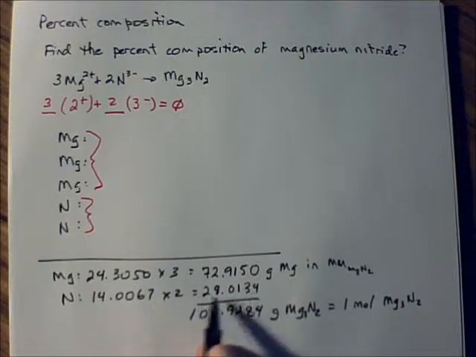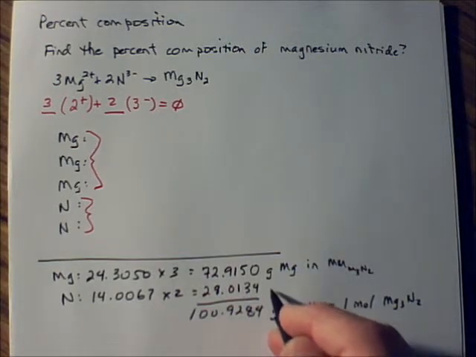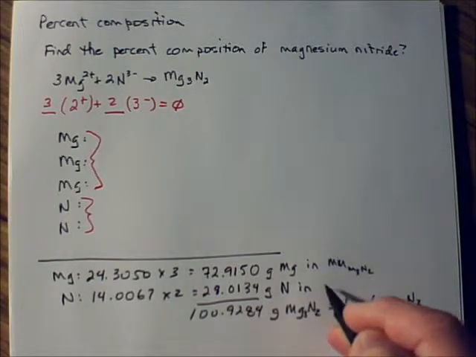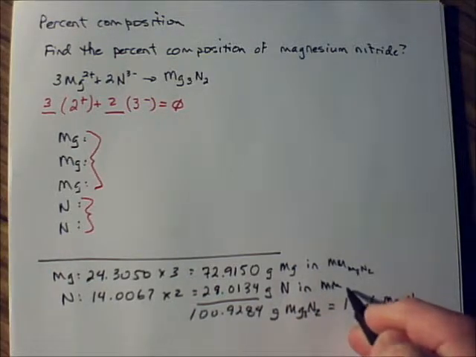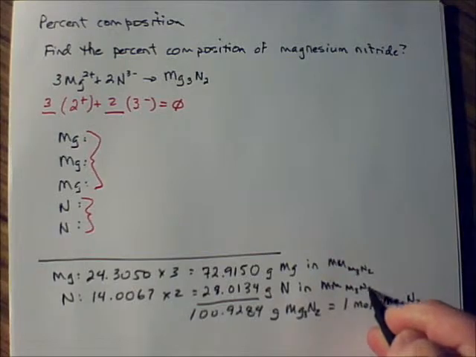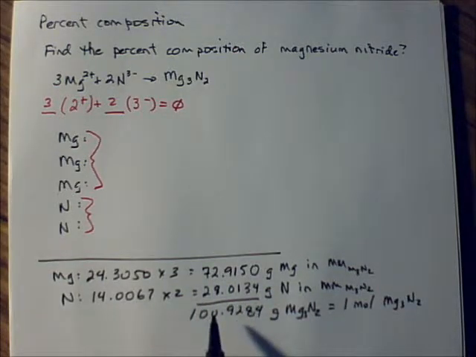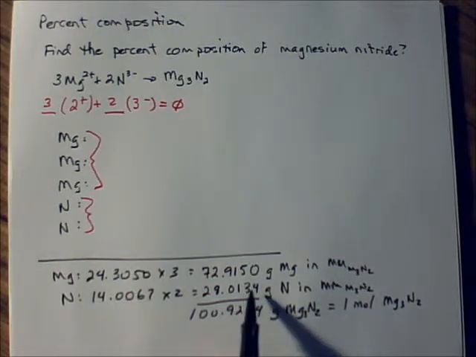And this mass right here is the total mass of nitrogen in the total molar mass of magnesium nitride. So percent composition then is this number over the total times 100. That gives you one of the percents. And then this number over the total times 100.